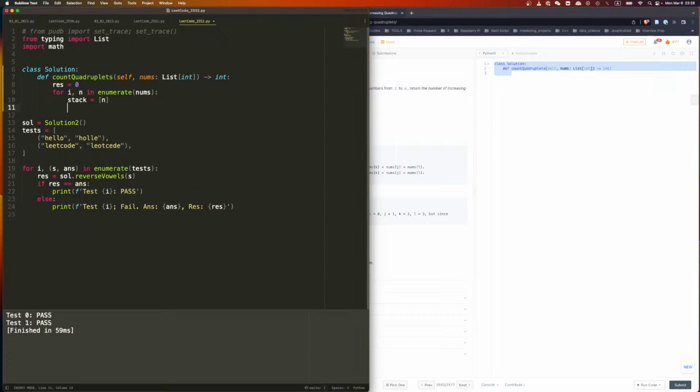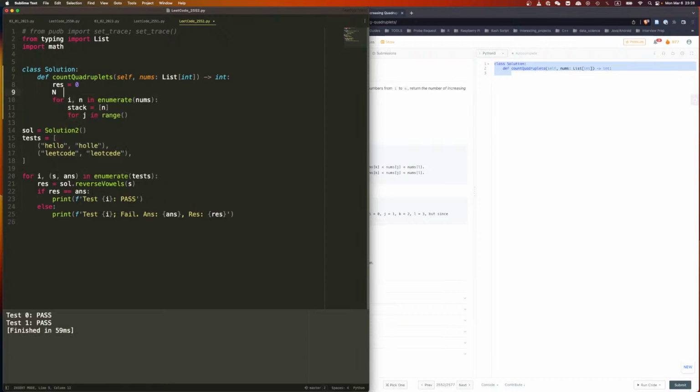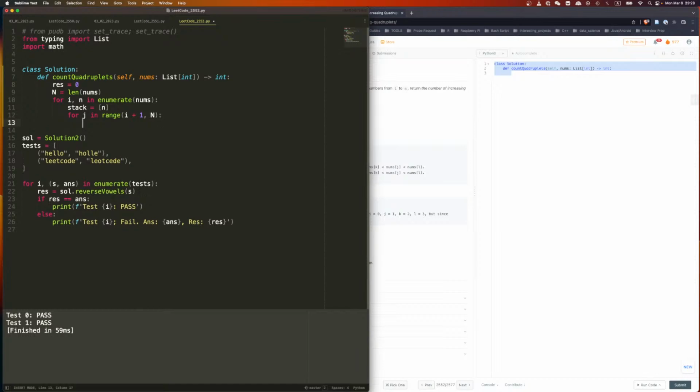And then we do for j in range I plus 1 all the way to n. Okay. Now what? Range 1, we say while stack. No, we don't pop n. N has to stay there.